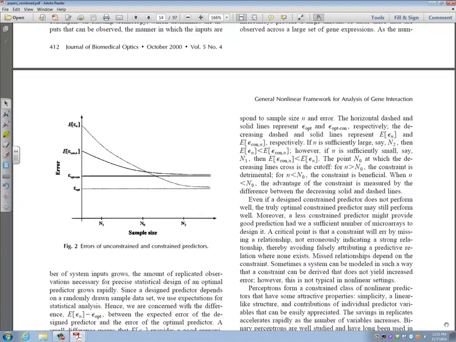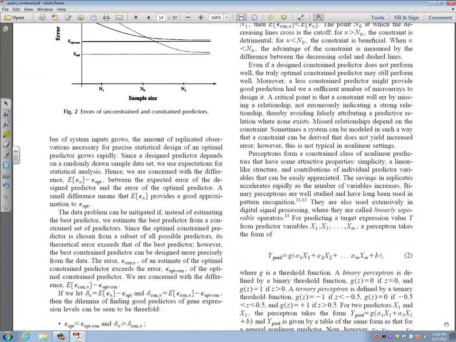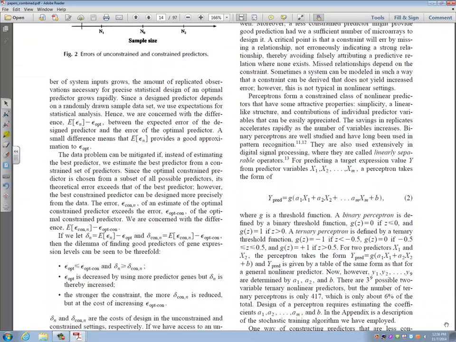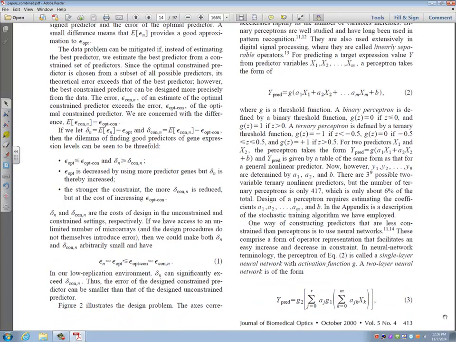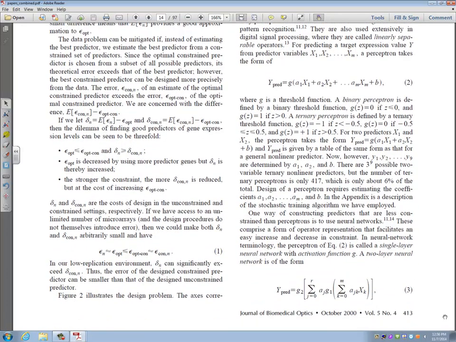All this stuff here is exactly the same kind of discussion that we had for classification. If you remember why we put constraints and then you looked at that curve, exactly the same kind of discussion. Having gone through that discussion, we decide that we are going to put some structure on the predictor.